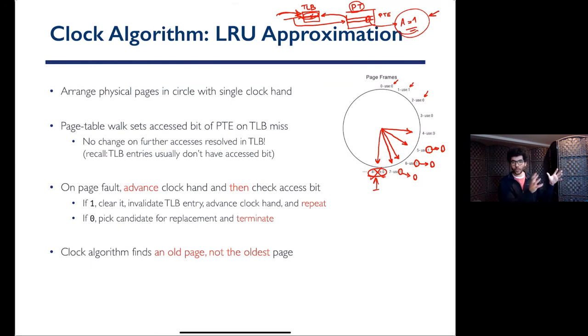Now, which one am I going to pick? I'm going to pick the one that the hand is pointing to. And that doesn't necessarily need to be the page that was accessed the furthest in the past. I'm going to just pick one that I haven't accessed. So this is definitely an approximation of LRU.